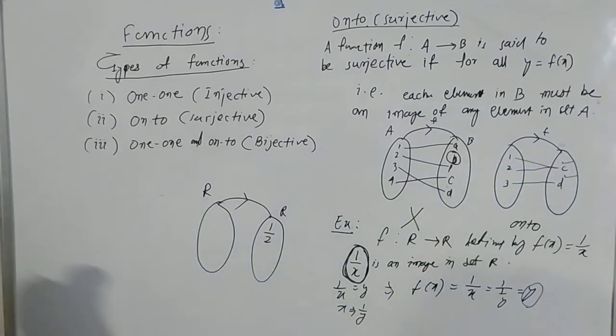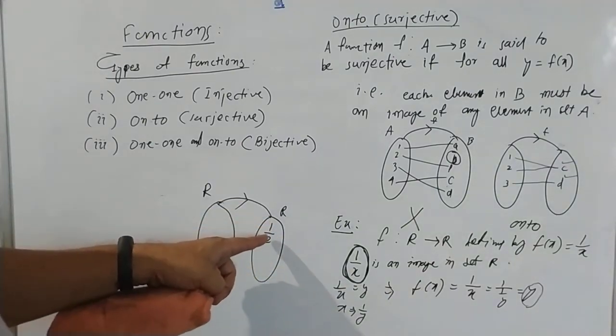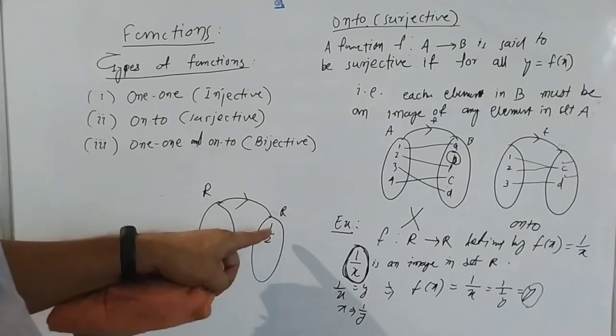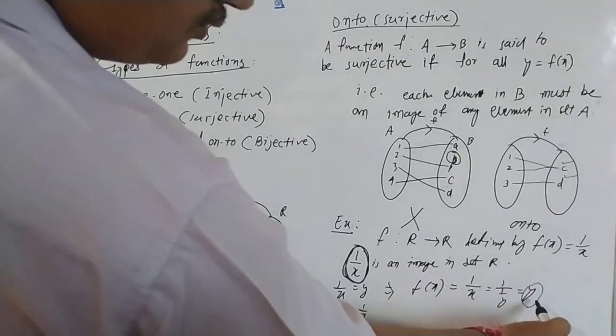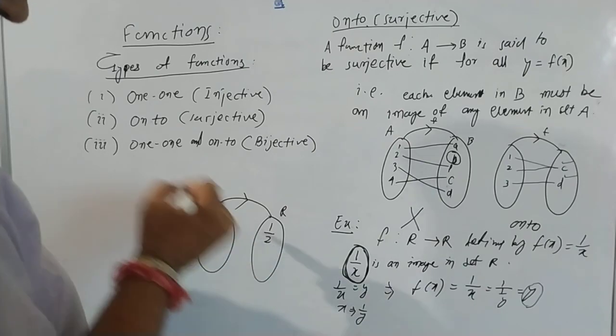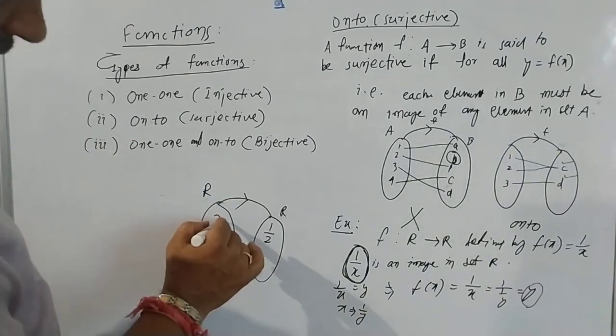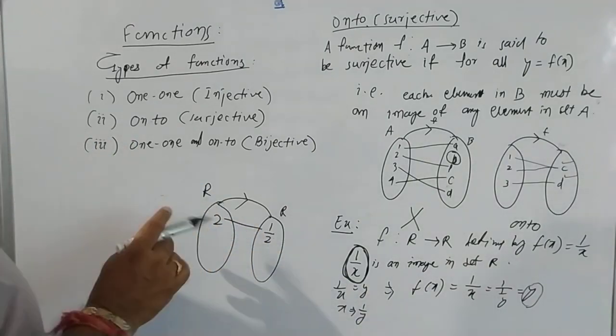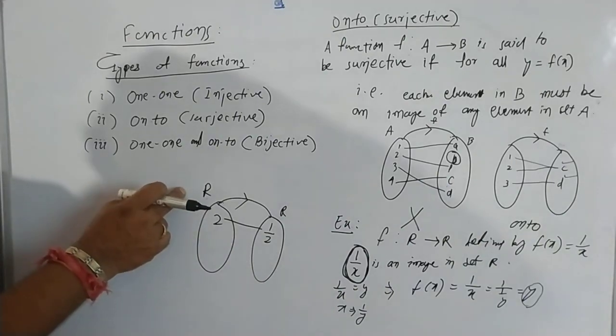Then 1 by 2 is the image of 2, and 2 belongs to R.